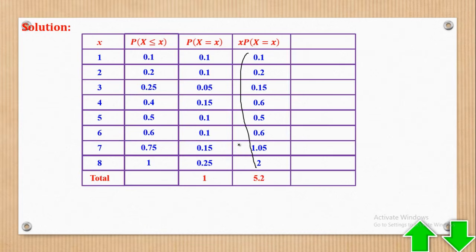Then also in the question they asked for variance, so we have to get a column of x squared p.